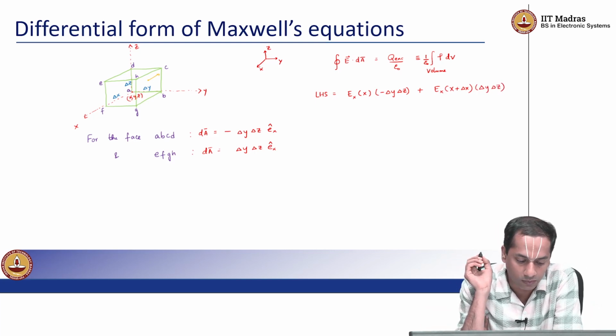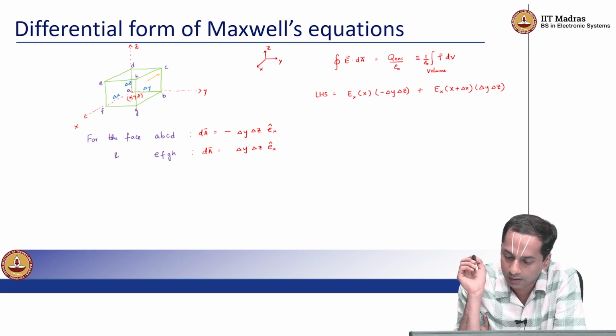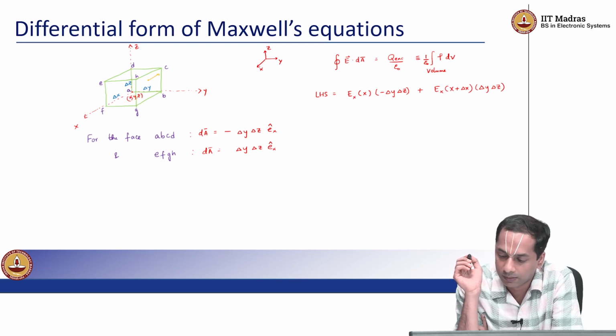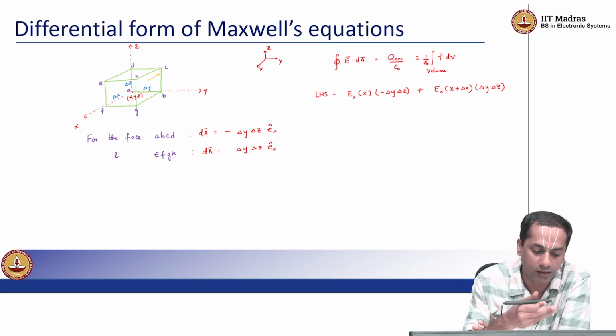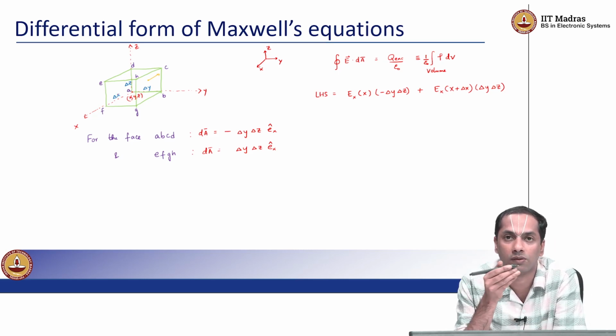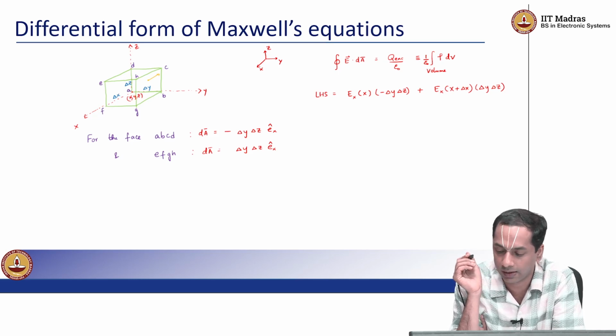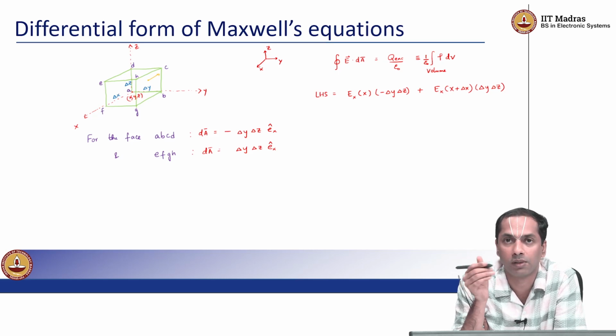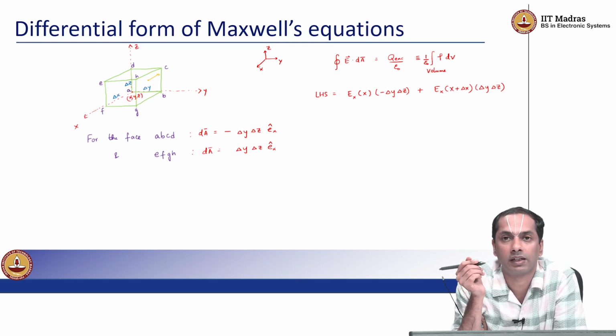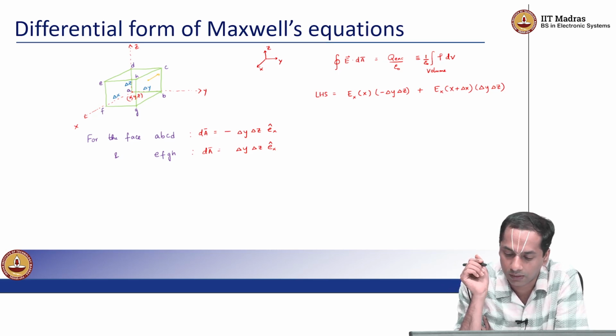For the two faces ABCD and EFGH, these are the two terms. The electric field at the plane EFGH would have incremented to Ex at x plus delta x, multiplied by the same surface area, but since the electric field points in the direction of dA, we don't have the minus sign. So we've covered the two faces ABCD and EFGH.